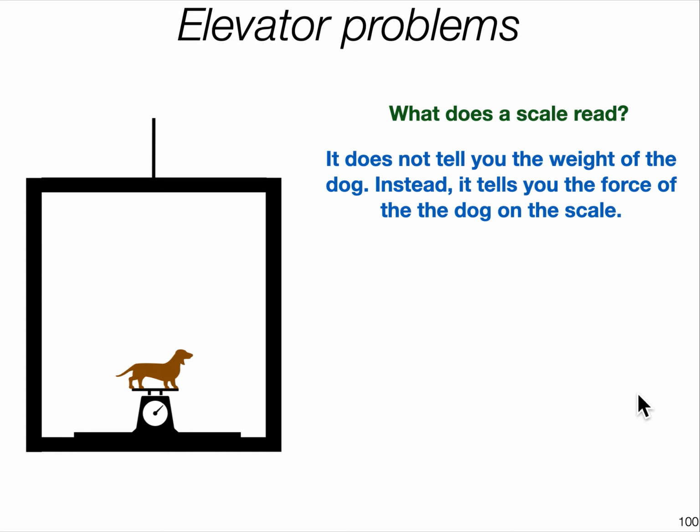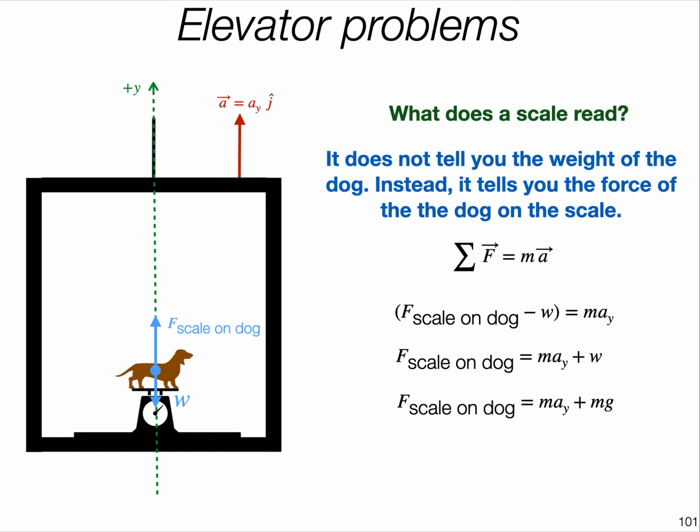To explain why that is, let's define a certain situation. Let's define the plus y direction to be up. Let's say this elevator is accelerating upwards in the plus y direction, and we can draw a free body diagram for this dog. There's a weight down, that's a constant, it just depends on the mass of the dog and g. And then there's a force upwards causing the dog to rise up with the rest of the elevator.